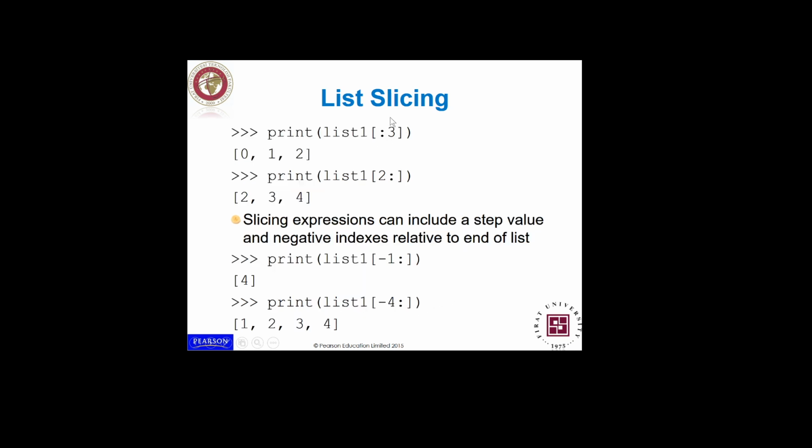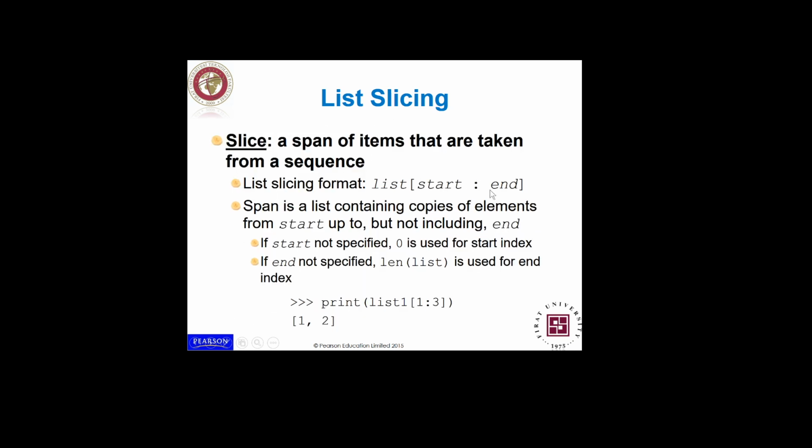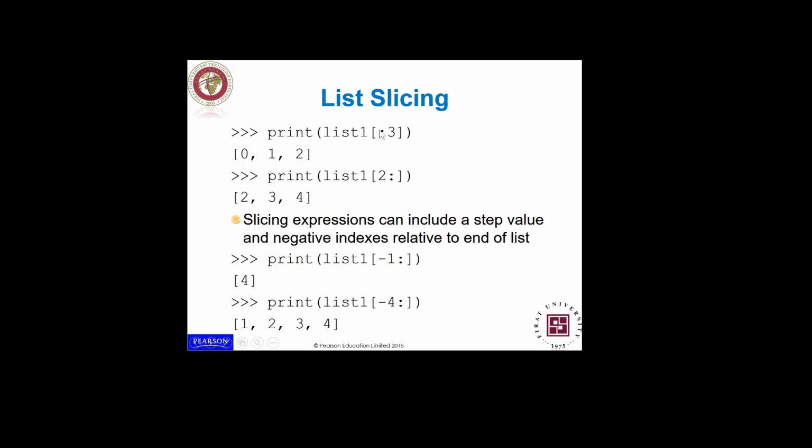We may also skip one of these, the start or the end. If you drop the start, it will start from 0, so the beginning will be index 0, until index 2 inclusive.